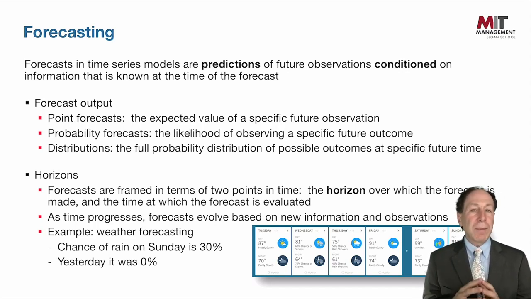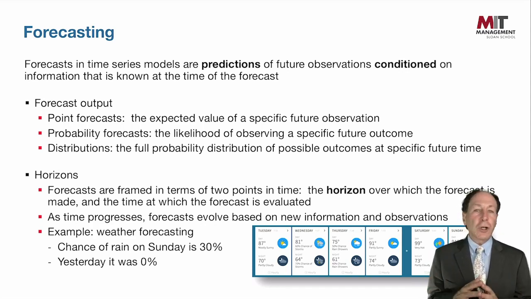It could be a probability forecast: the probability of rain this weekend is 30%. It could be a full distribution. That is, we might say the return distribution of stock XYZ over the next year is log normally distributed with a mu of 10% and a sigma of 30%. So any of those could be the output of a forecasting process.